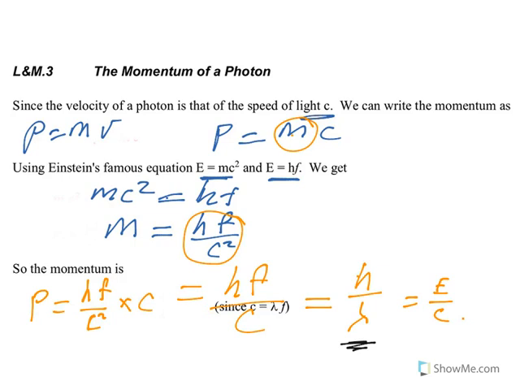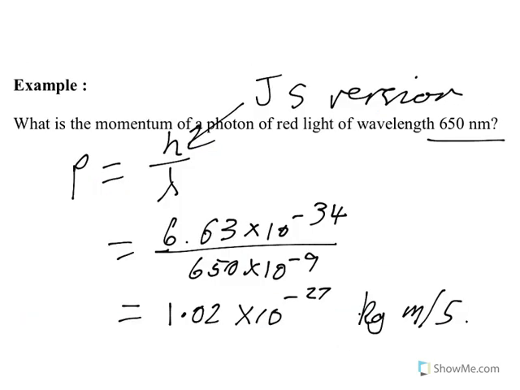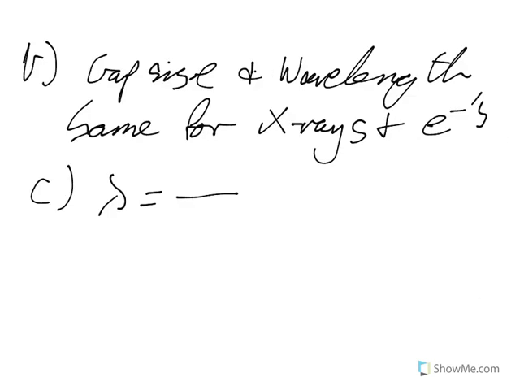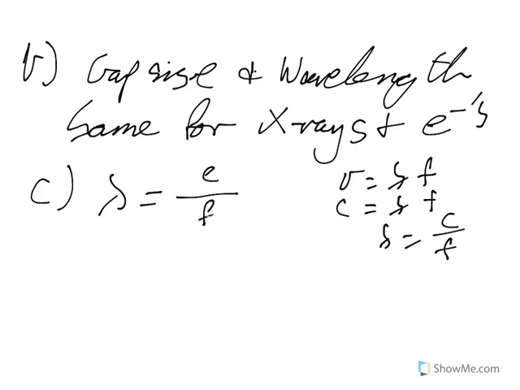We're looking for the wavelength of the electrons, and that equals the wavelength of the X-ray photons. Sorry, we didn't need to go back there. V equals lambda F, and V is C, so lambda is just C over F. That's what I was looking for.